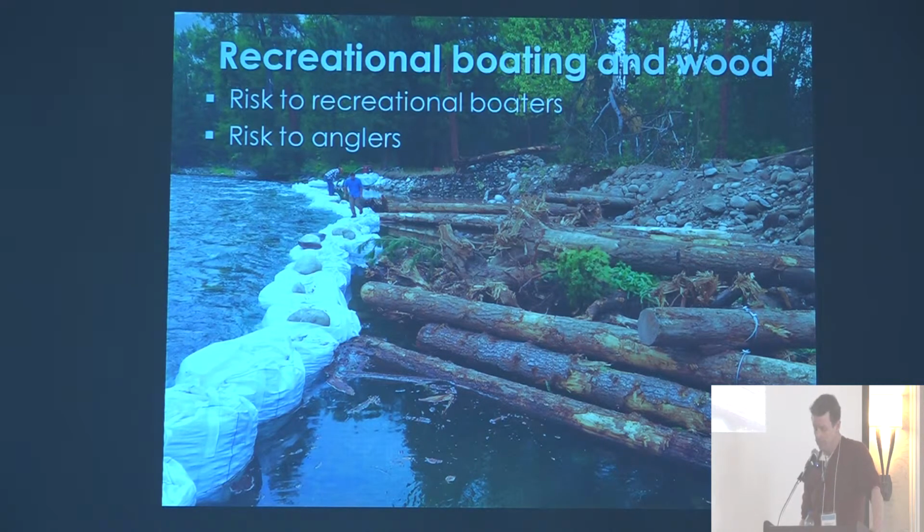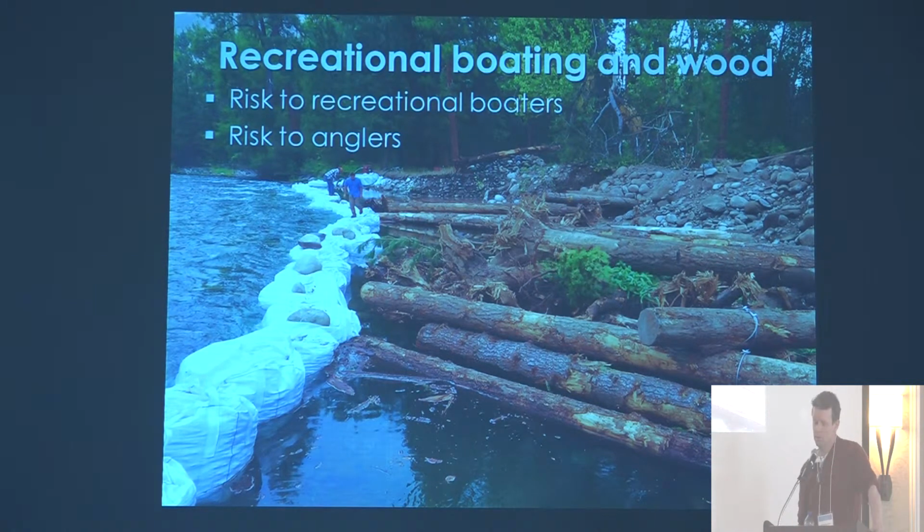There are also some attractive nuisance issues with children playing on them. But the primary issue is boaters. So what we're having to do on our western projects is build these bumpers sometimes that just train the kayakers away from the structure and keep them out of harm's way.